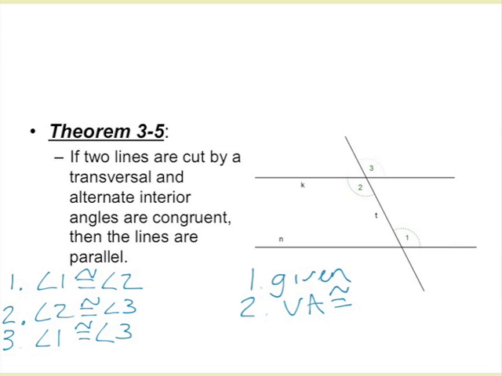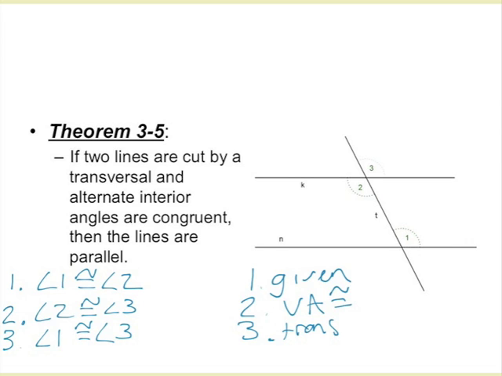What's that called? Transitivity, or substitution. When we set up that process of 1 equals 2 and 2 equals 3, so 1 equals 3, when we're following a chain of equality or congruence, that's called transitivity or substitution.